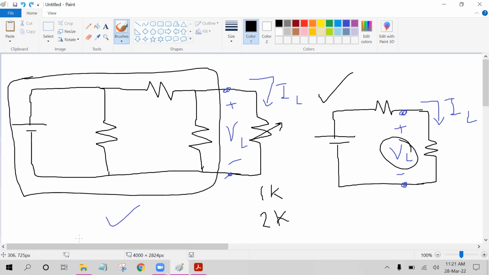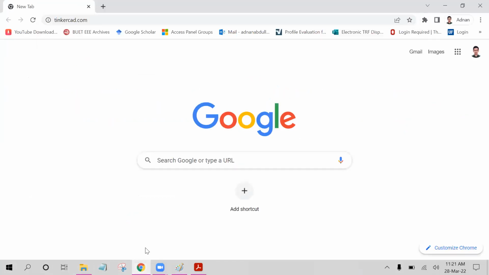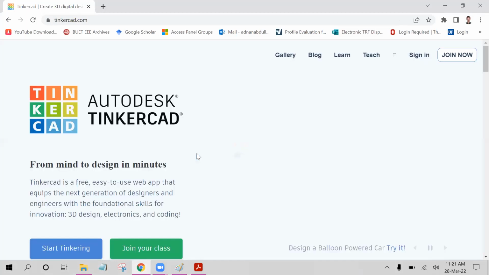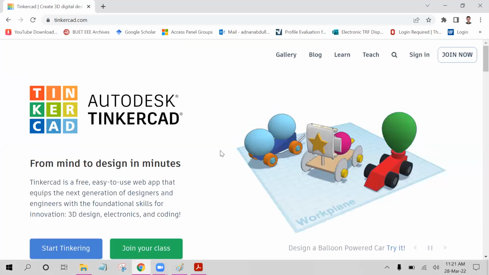Yes. So our first task is to build the original circuit, the left one, and measure voltage and current across the load resistor. So I think we can start now with Tinkercad. Everyone, please go to Tinkercad. Okay, I am sharing the class code. Someone asked for it.